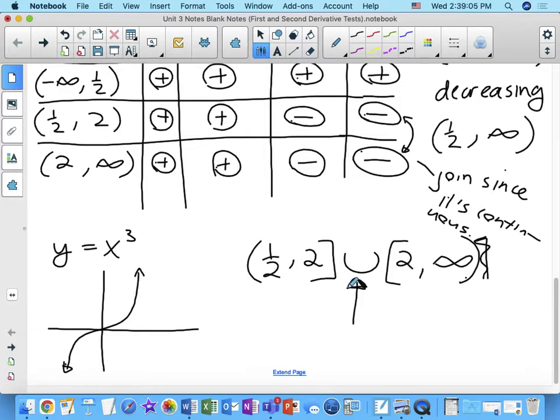It comes from set theory. It means we're joining these two sets together. But we have to include that value of 2. Now if you made that mistake, it wouldn't be huge. It would be a very tiny, teeny little spot of an error. So I wouldn't worry too much about it.